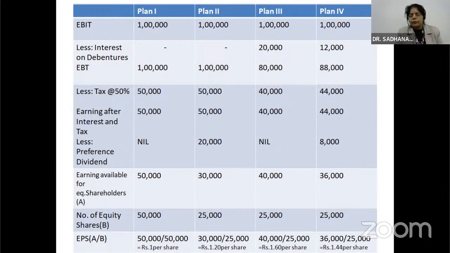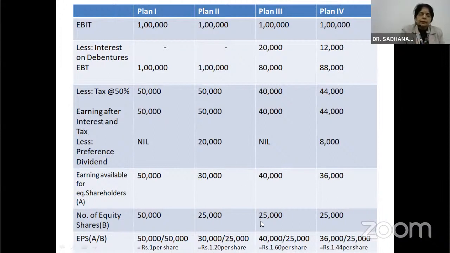In plan 4, 44,000 is the tax amount which is deducted from 88,000 and it comes as earning after interest and tax 44,000. It is EAIT, earning after interest and tax.